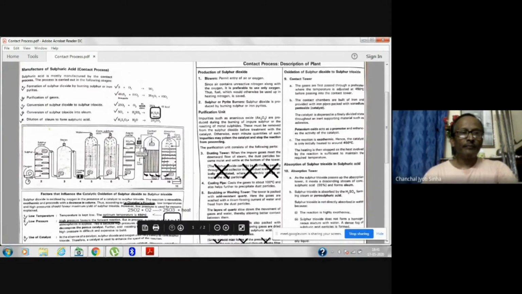Part 1 is blower. Here oxygen is passing through this blower. We may also use air, but it is preferable to use only oxygen.